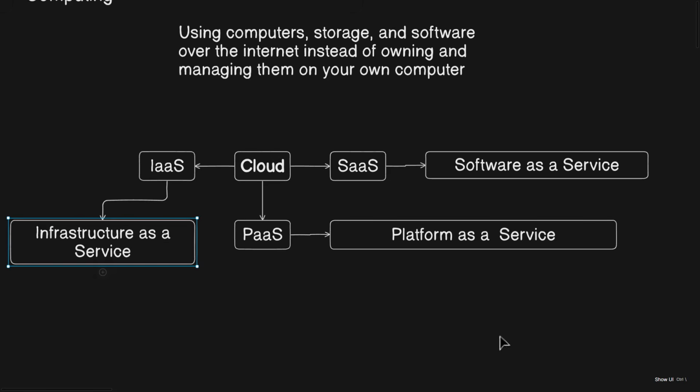So in platform as a service, you were renting a platform, right? But here you are not renting a platform, you are renting infrastructure. What do you mean by infrastructure? To run your application, you are going to need a server, networking abilities, and storage. So you are renting raw infrastructure.